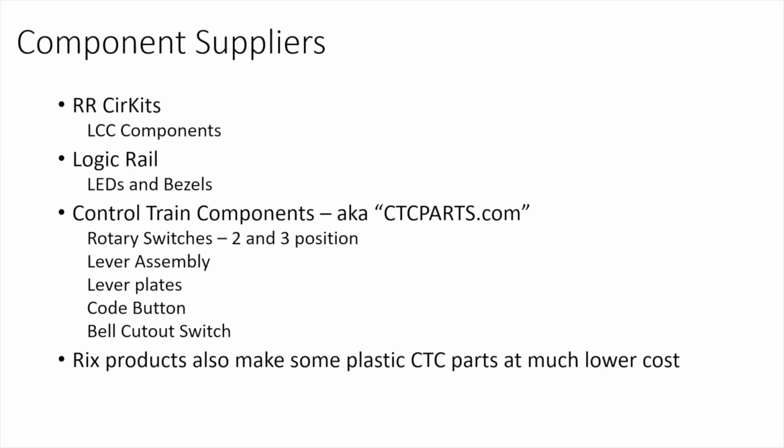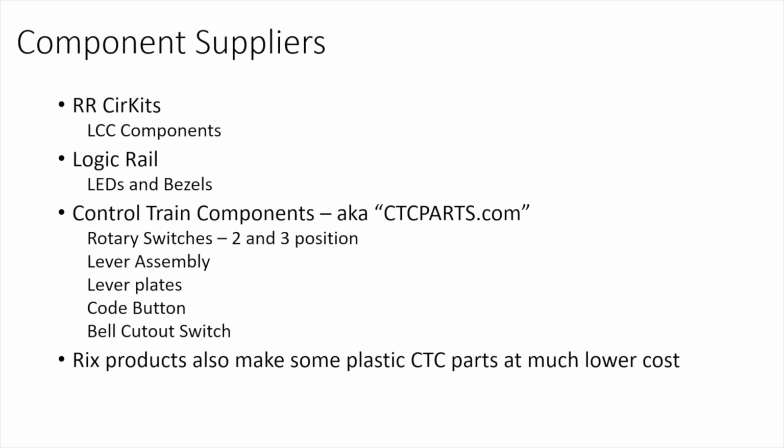They provided the rotary switches, both 2 and 3 position. And as I mentioned before, you can't just use any old rotary switch, because if you just go and buy a rotary switch from an electrical supply shop, the positions won't be in the proper locations. So Control Train Components modifies the rotary switches so that they're in the proper locations.